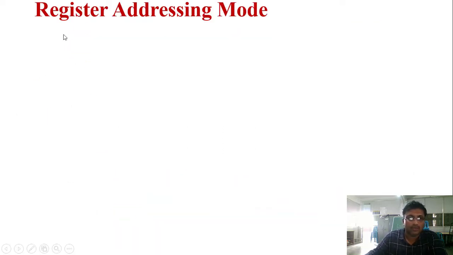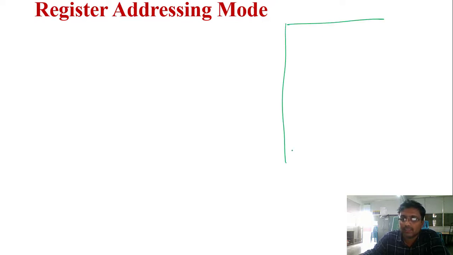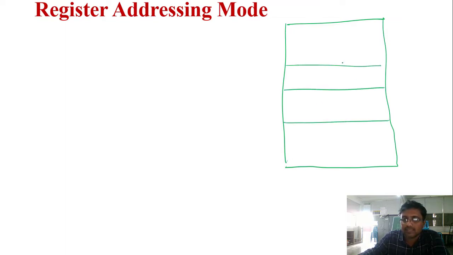Okay, register addressing mode. In memory we have a total of 32 general purpose registers. If you look at the memory, this is categorized into 4 basic banks, and above that we have SFRs.